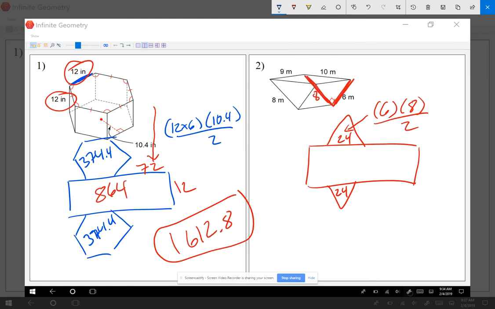Now for the big rectangle in the center, look for the distance in between your triangles, the number that has nothing to do with your triangles. In this case, 9. For the long side of the rectangle, add the perimeter of the bases. Add the 3 sides of your triangle, which I'm looking at 10, 6, and 8. Add them up.